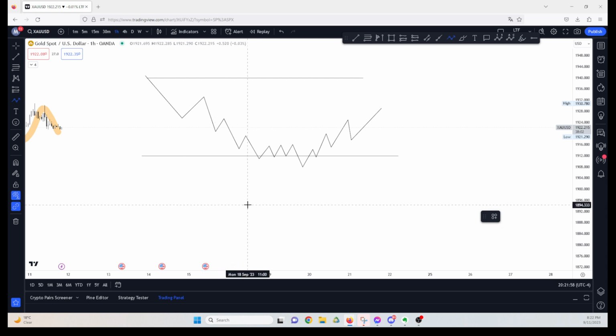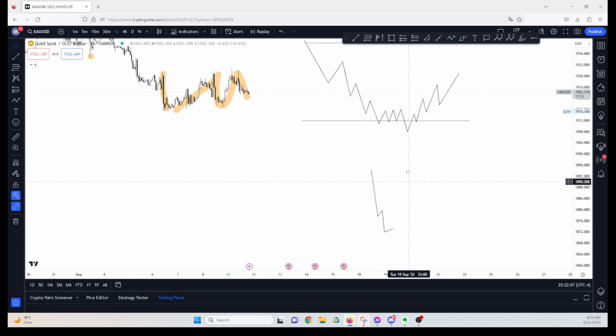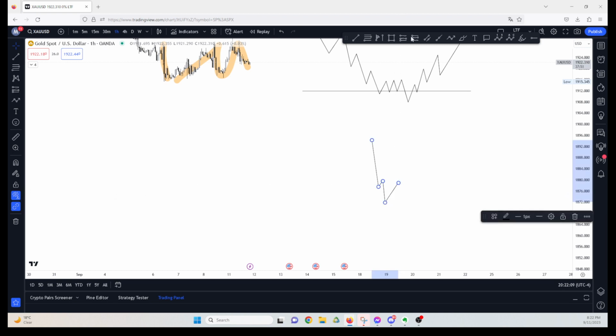You would have, for example, a huge swing down, then a little reversal like that, another huge swing down. Let me just show you that. And then it would start pushing right back up. Okay. This is a trap.